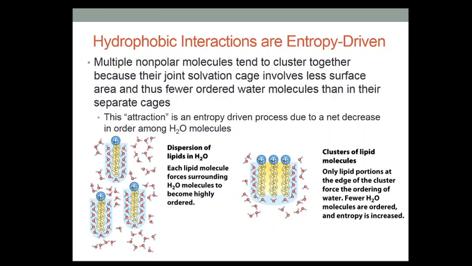So if I made this nonpolar part of the molecule larger, the surface area of that nonpolar segment also increases, and I have to order more water molecules to compensate for the increased surface area. And now I have 3 molecules, so basically multiply that surface area by 3, and you'll see that you have 3-fold more water molecules that have to become ordered to hydrate, to allow for suspension of these nonpolar molecules in water.